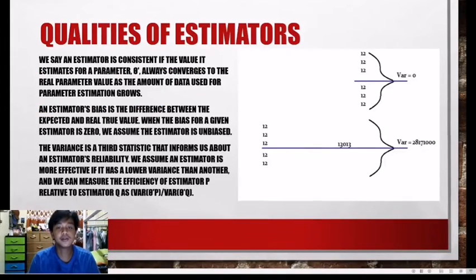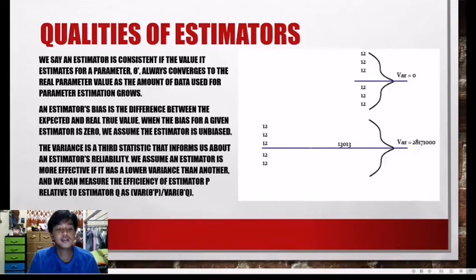Qualities of estimators. We say an estimator is consistent if the value it estimates for a parameter theta always converges to the real parameter value as the amount of data used for the parameter estimation grows. An estimator's bias is the difference between the expected and real true value. When the bias for a given estimator is 0, we assume the estimator is unbiased.